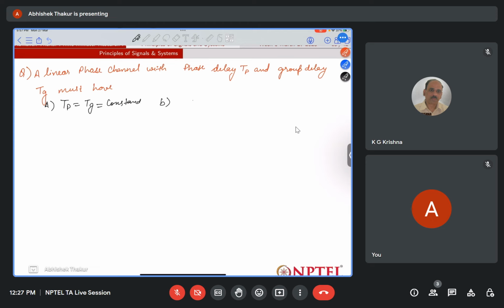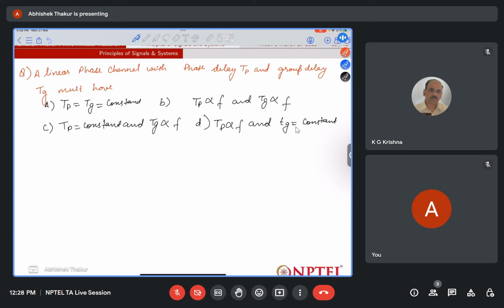Option B is Tp is directly proportional to frequency and Tg is directly proportional to F. Option C is Tp is equal to constant and Tg is directly proportional to F. And option D is Tp is directly proportional to F and Tg is equal to constant. So here Tp and Tg are the phase delay and the group delay.